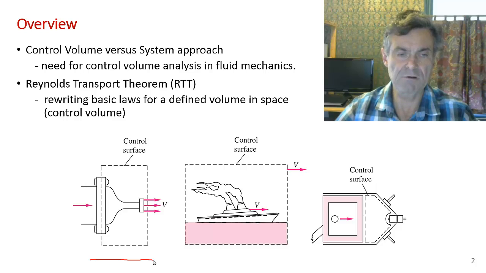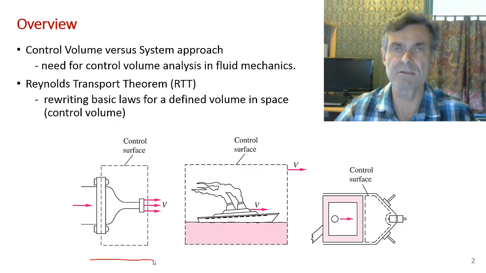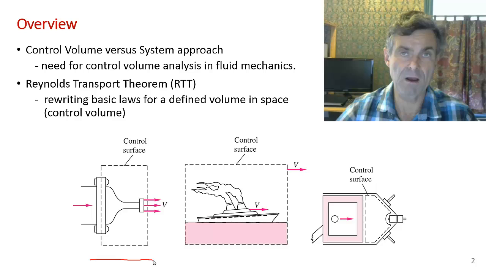And we draw a dashed line to indicate that's the volume that we're going to do our analysis on. And the outside of that volume, of the control volume, is the control surface, just so you get used to some of the terminology. And we're going to do an analysis on this very problem to figure out later on what the forces are required to hold that nozzle in place.